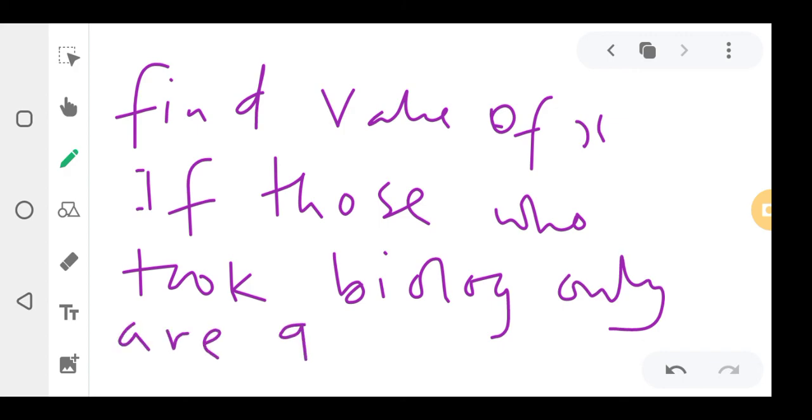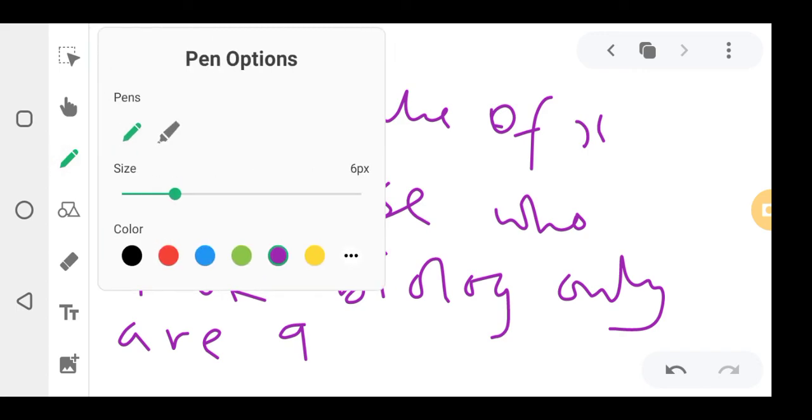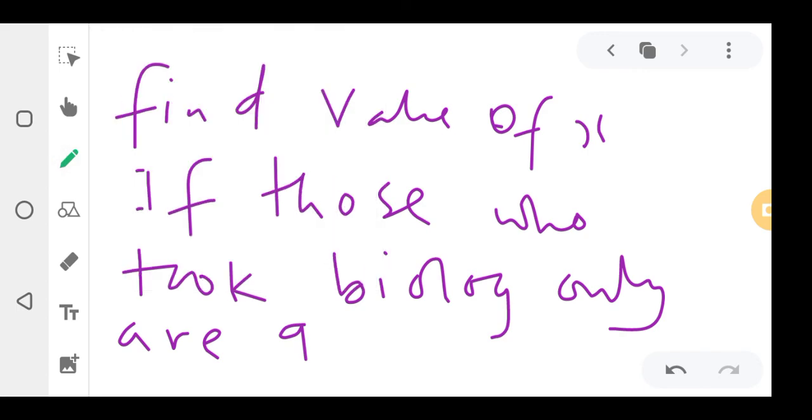Have you seen what I'm saying? This one is different. It's not those who took biology. If they didn't put only, you remember what I said concerning only. If they say only, you only pick part of the circle. Like the one we were solving, they didn't say only, so it means you pick the whole circle. But they said biology only, not biology.